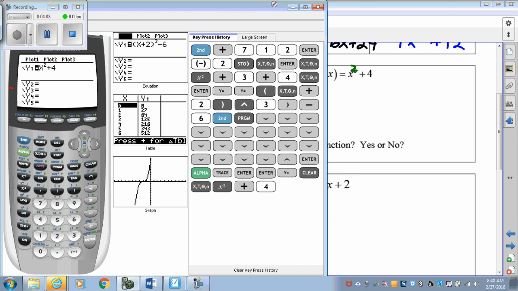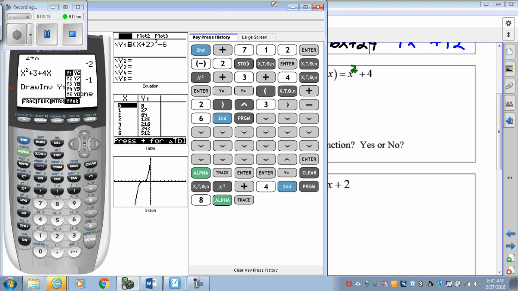All right, and then now I want to draw the inverse, so I'm going to second draw number 8. Then I'm going to do alpha trace to tell it where my function is, and I'll hit enter. So it's going to draw that parabola, and then the inverse is over here, right?